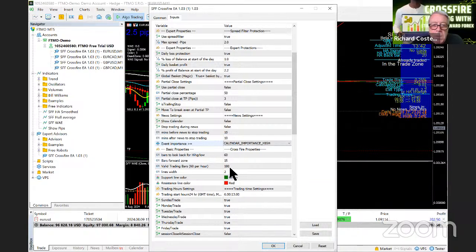The other thing that I've changed is this: when it comes out of the box, it's set on 120 because we used to trade Crossfire between 1 p.m. and 3 p.m. or between 6 a.m. and 8 a.m. I prefer. So this is 180 minutes. It was set on 120. I changed it to 180.